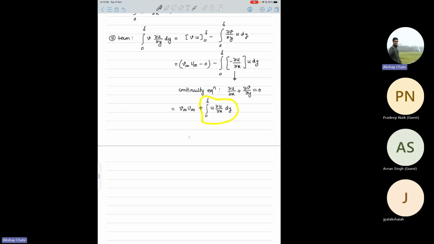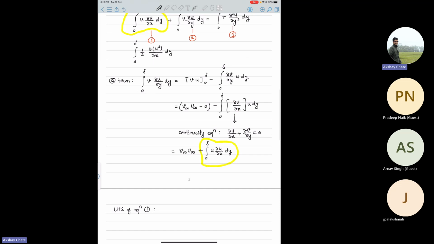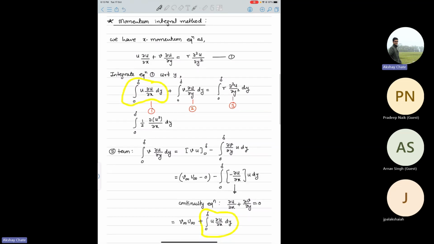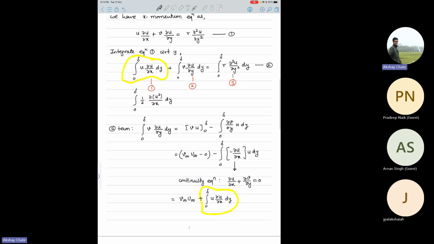your left hand side of the equation modifies as, not equation 1, maybe I can name it as equation 2.